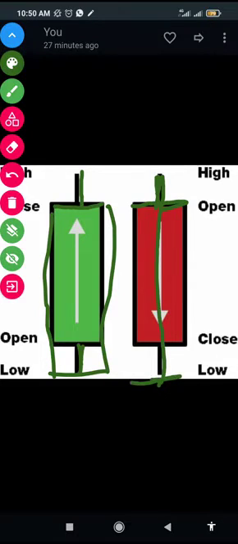Then buyers came in and dragged it to this point before the market closes here. So that is what happens in the market when you see things like this.